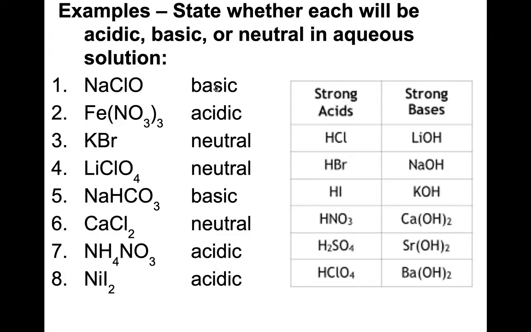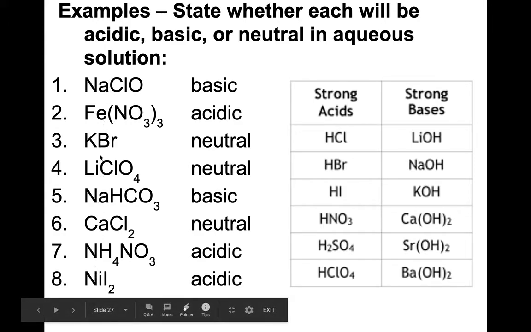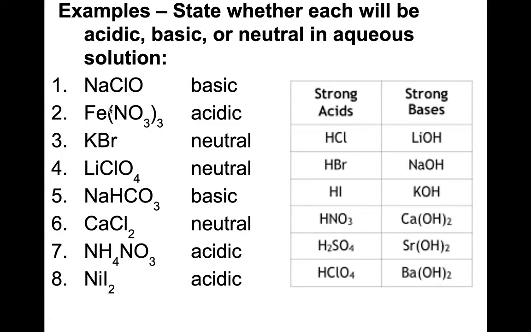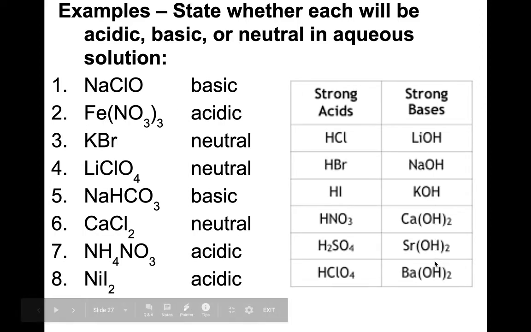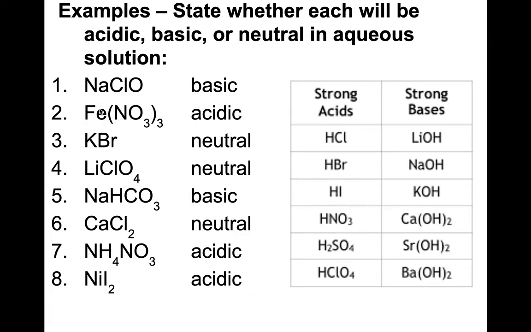Here are the rest of the answers for these. You've got a couple problems on your homework that use these principles, so make sure you're able to follow the logic through these as well. So here we've got iron as our cation. It does not appear in our strong bases, so it is the conjugate acid of a weak base, or it is a metal ion.